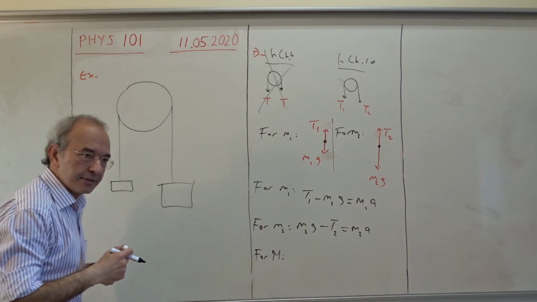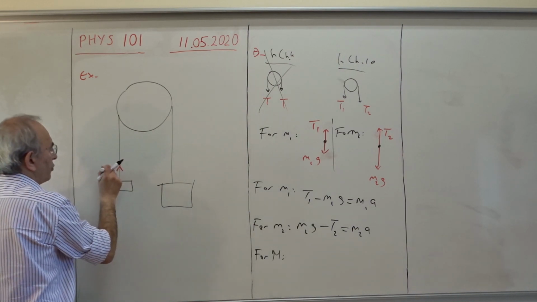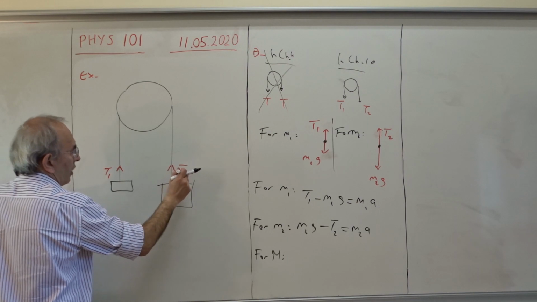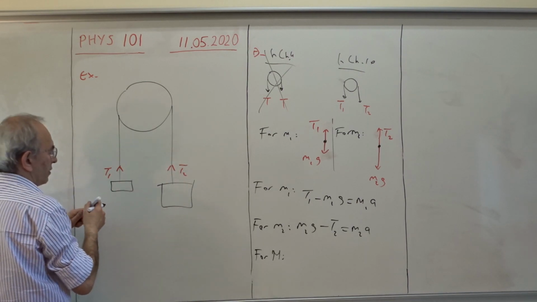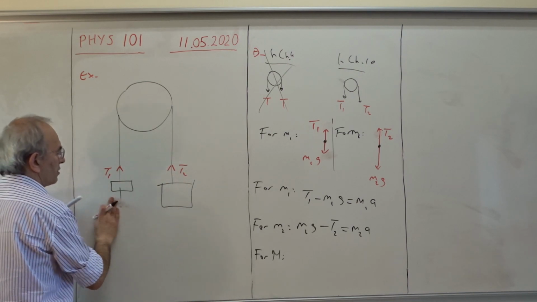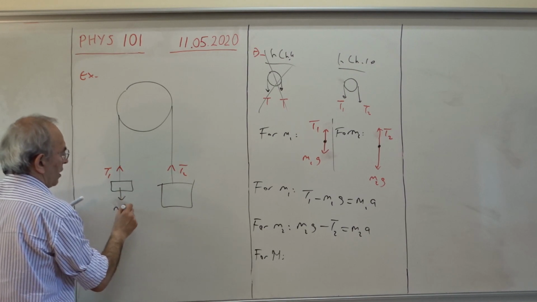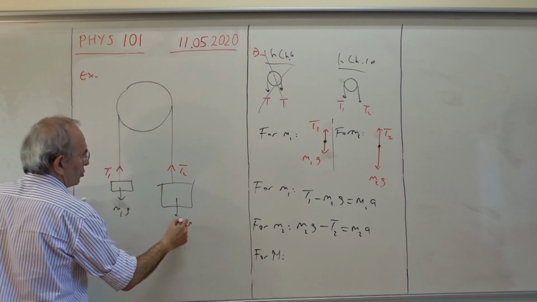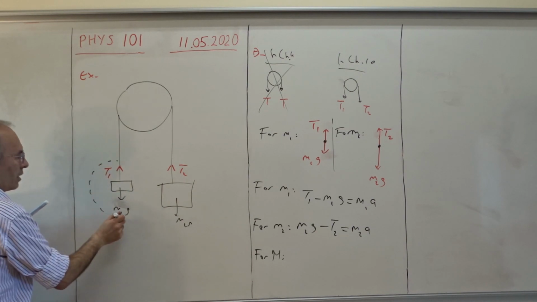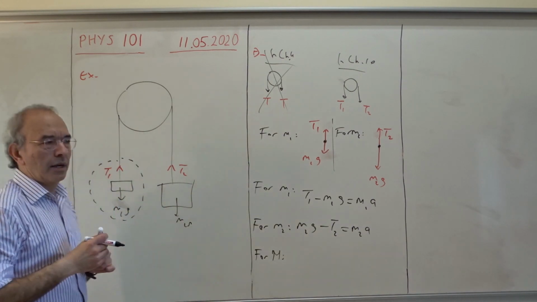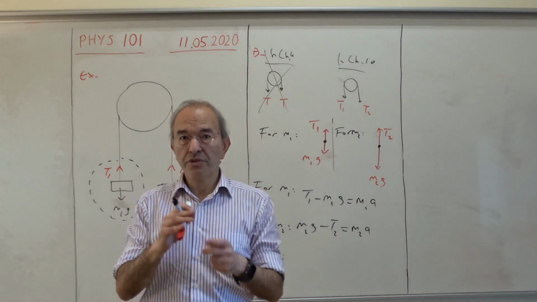For these objects, we said that this is T1, that is T2, and these are M1g and M2g. That was the isolation of the body from the environment.